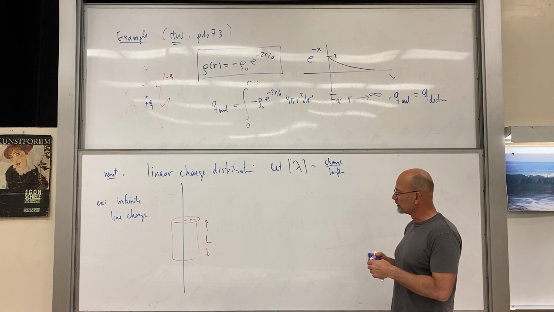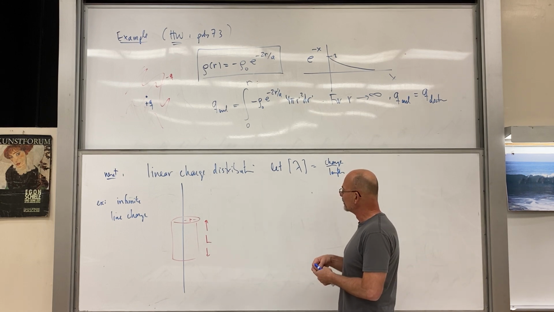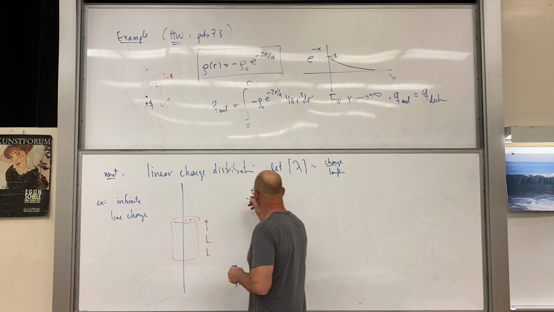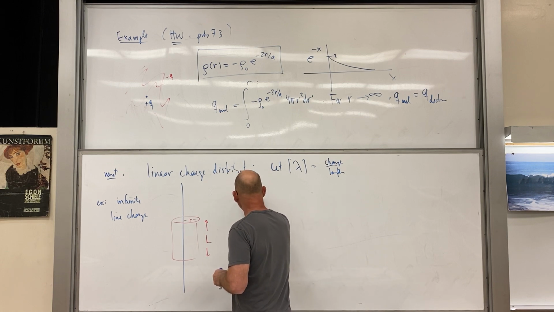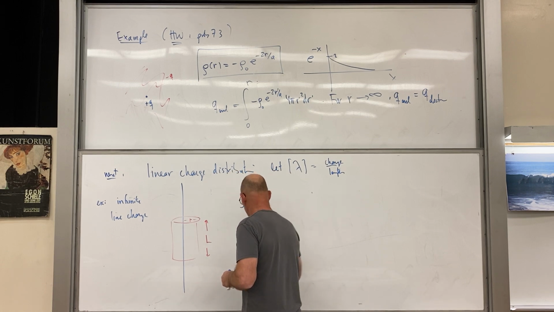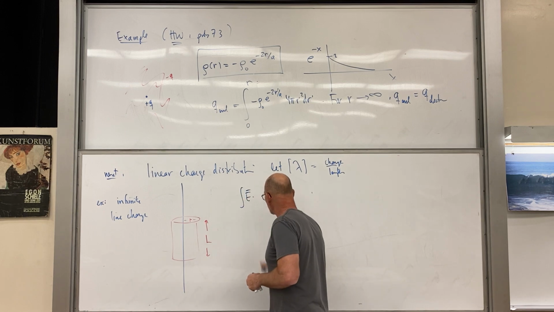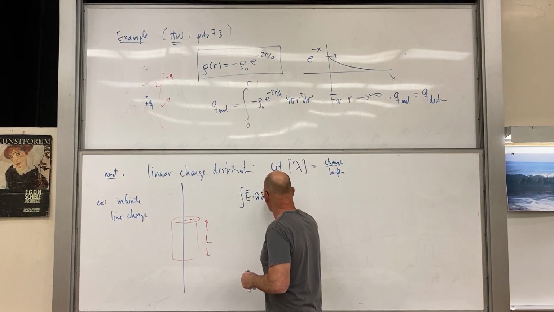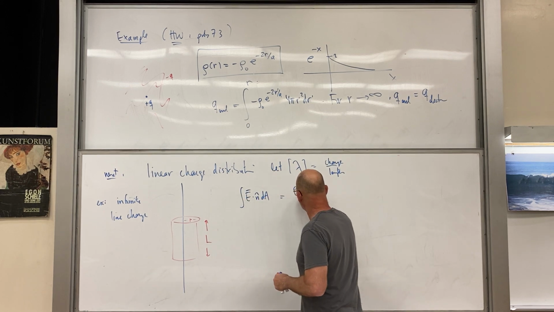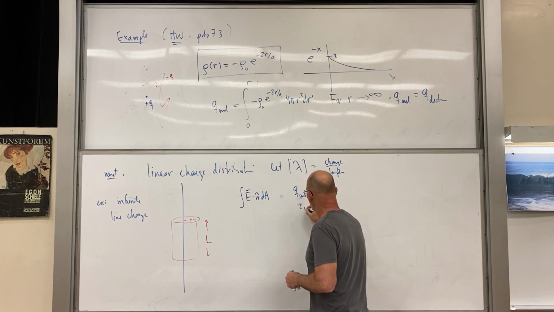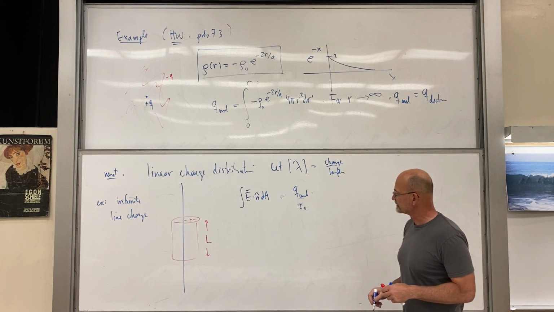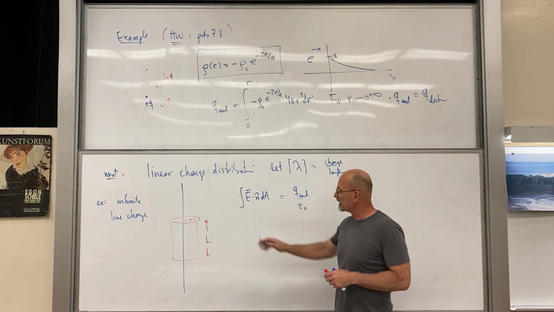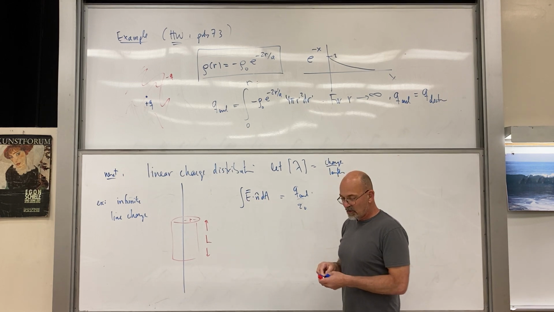And then the question is, what's the direction of the field? Well, let's go ahead and write down Gauss's law first. So we'll be looking at E dot n hat dA equal to the Q enclosed over epsilon naught. Closed surface integral.